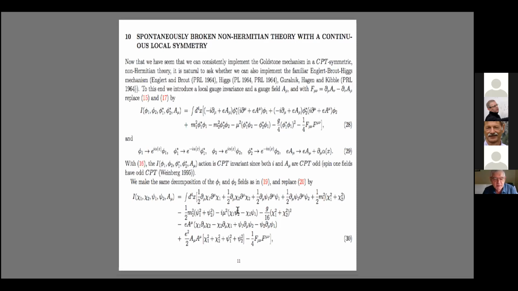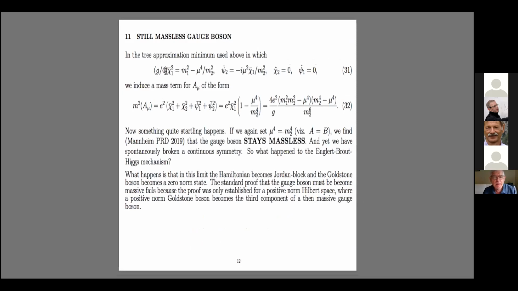We proceed as before. We go into the two components, into the component basis, the chi1 and the chi2, and we get this action. And now we go into a minimum, the same minimum as before. Nothing changes. That's standard for the Higgs mechanism, the Englert-Brout-Higgs mechanism.